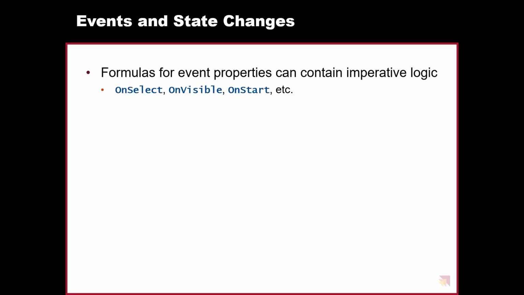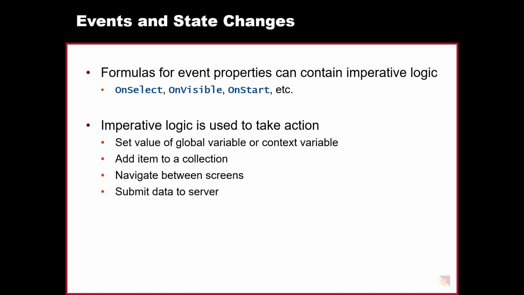Now, another thing that we have to get used to when working with PowerApps is that some properties are really events. So the most obvious one would be on select on a button. There's on change, screens have on visible, the app has on start. When you start using PowerApps, the first thing we learn is that we don't write code to go out and manipulate an object.